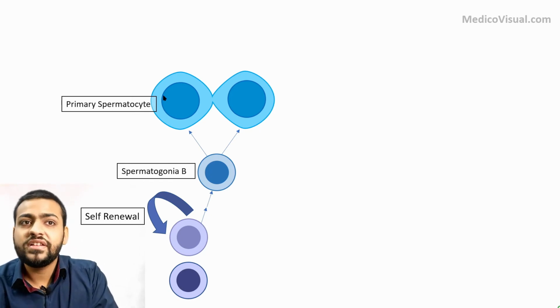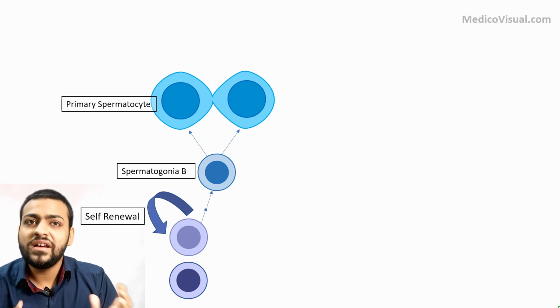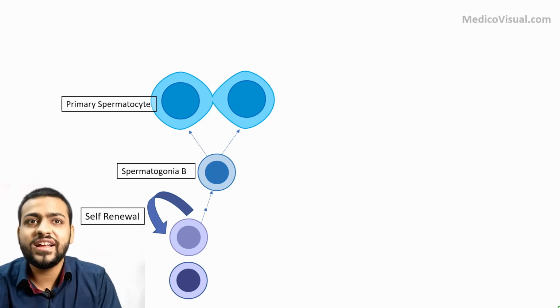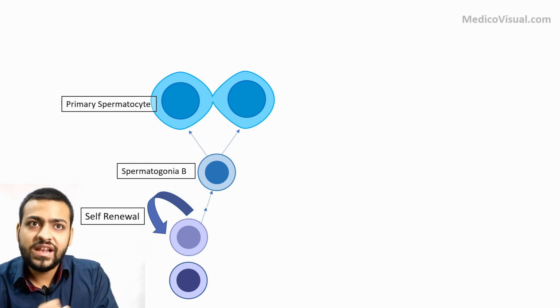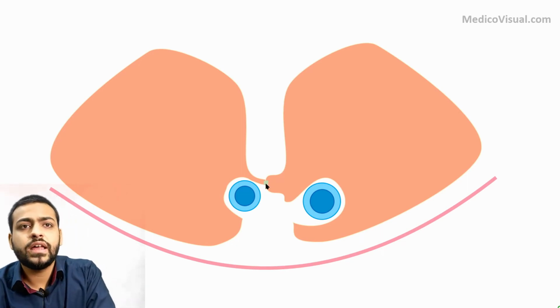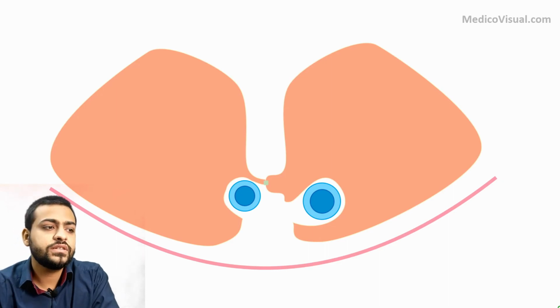So Sertoli cells, these are also called nurse cells or mother cells or sustentacular cells, right? They will come here to rescue. So here Sertoli cell, they have these cytoplasmic projections or cytoplasmic processes, and these processes are closely linked with each other with the help of special proteins or tight junctions. Now primary spermatocyte will have to cross that junction and they will come into here, this area.